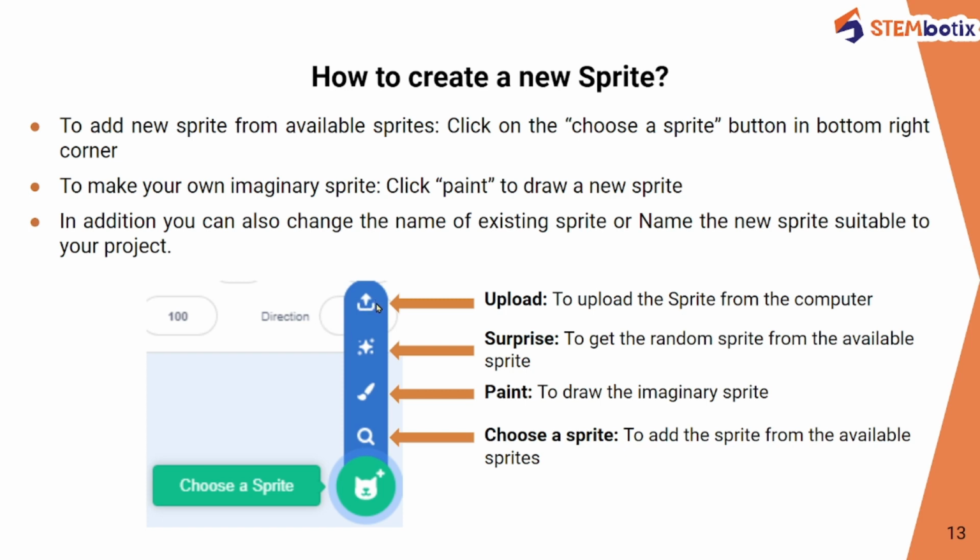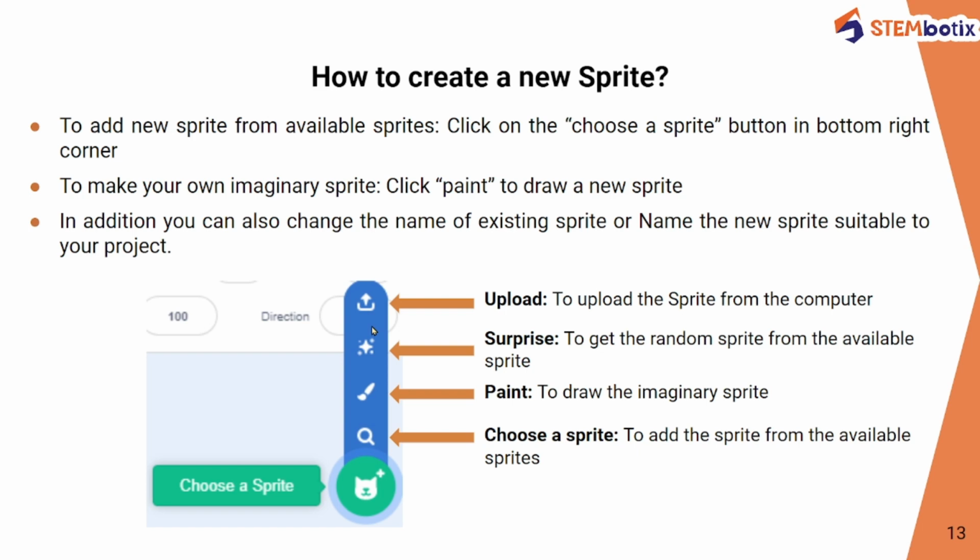After that, this is the upload button. In your project, if you want to add a sprite of your choice, or a sprite which is already there in your computer, using this upload button you can upload a sprite in Blockzie from your laptop or your computer.